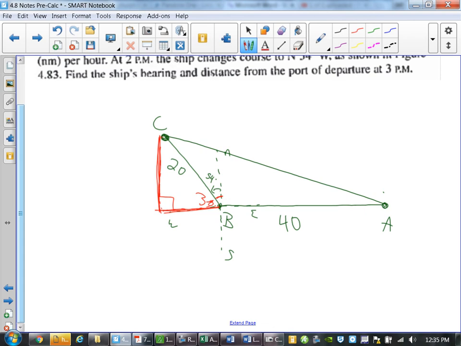Sine and cosine. So I have the sine of 36 is going to be my opposite over my hypotenuse. Cosine of 36, my adjacent over the hypotenuse. Now remember, this is my adjacent, this is my opposite. Some quick button pressing.